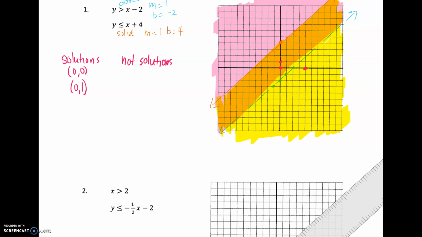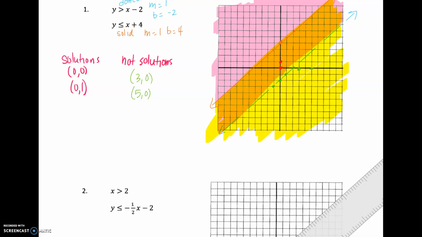Let's do this point. I should have probably done it in another color. Let me do it in another color. Oop, it took my stuff away. Let's say 1, 2, 3, 0 is not a solution. 5, 0 is not a solution. And let me reshade what became unshaded.